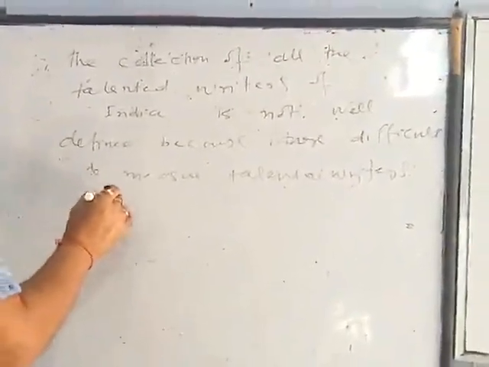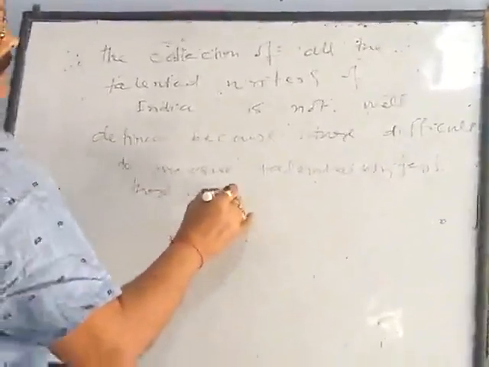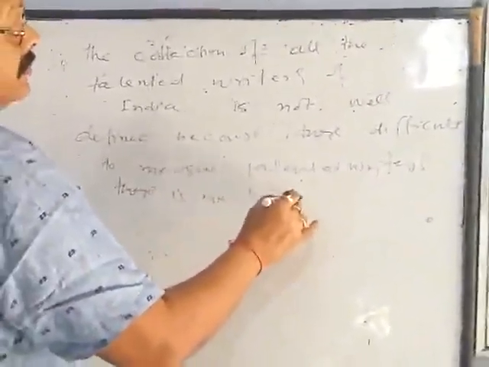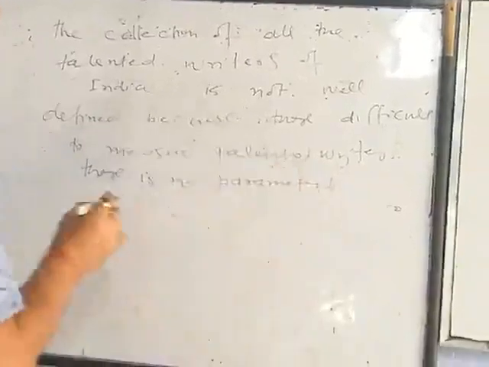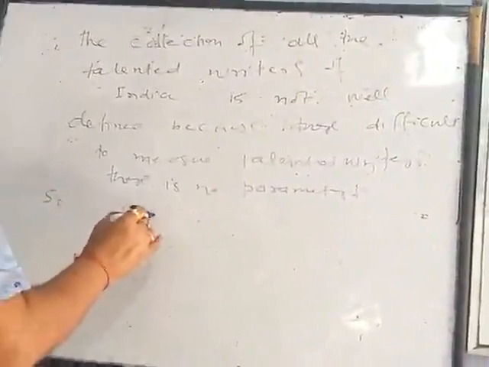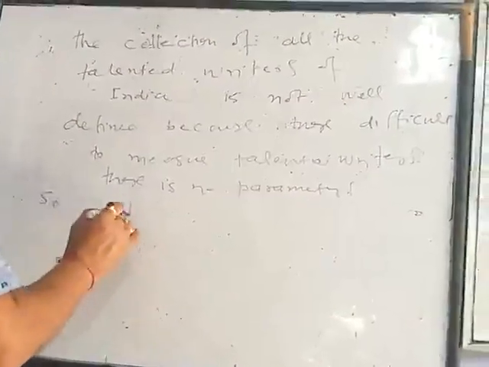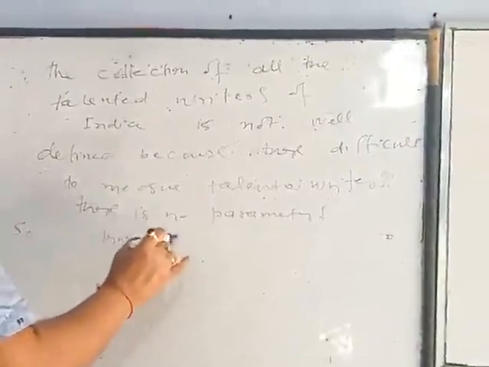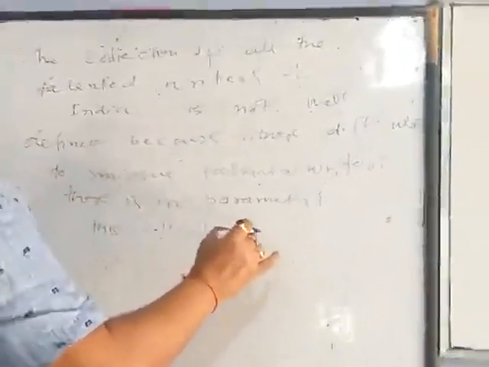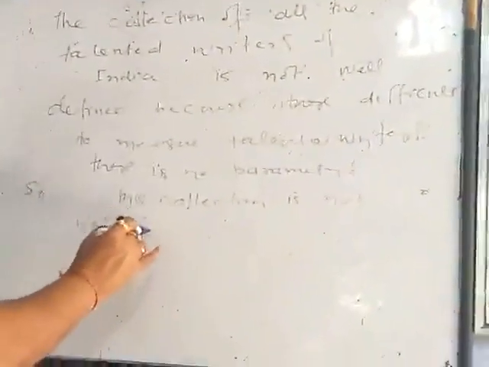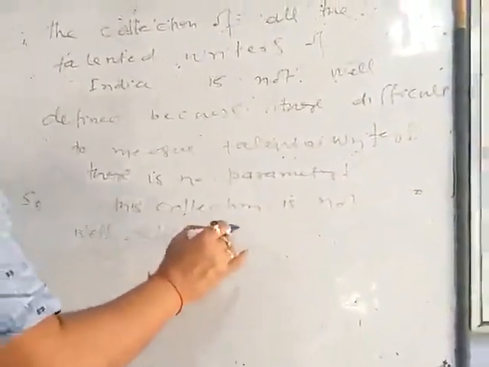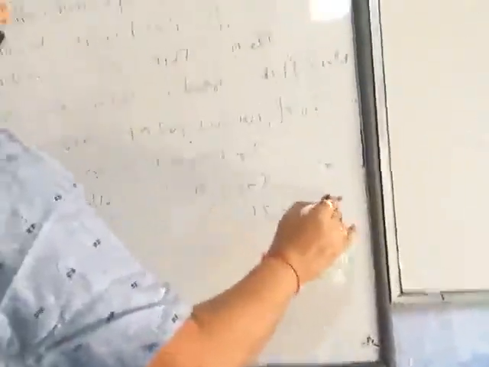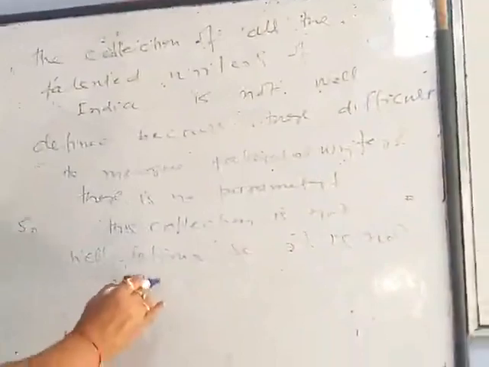There is no parameter. So this collection is not well defined, so it is not a set.